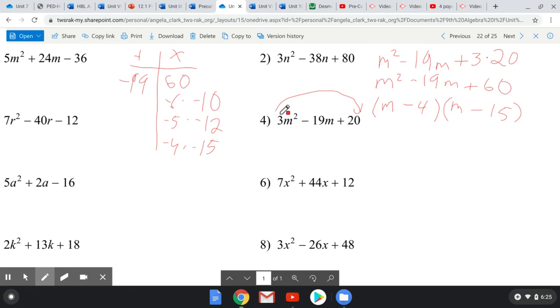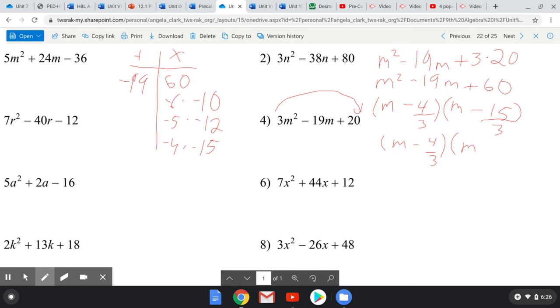So we need to figure out this 3. We multiplied by 3 at the beginning, so we need to divide by 3 at the end. That's why it's slide and divide. So we're going to divide these numbers by 3, and we're going to reduce as much as possible. So we have m minus 4 over 3, which doesn't reduce.